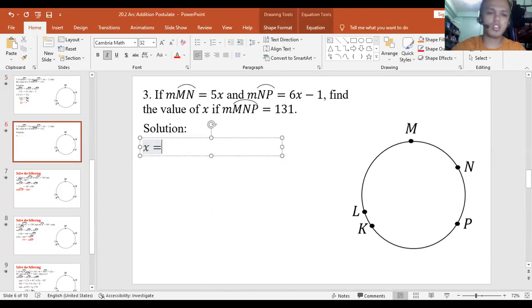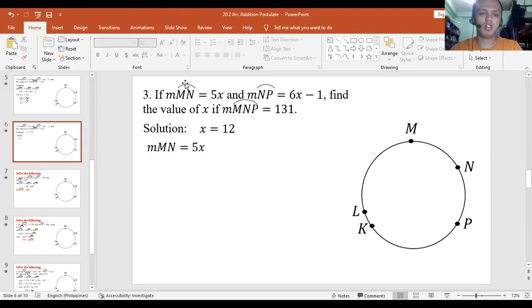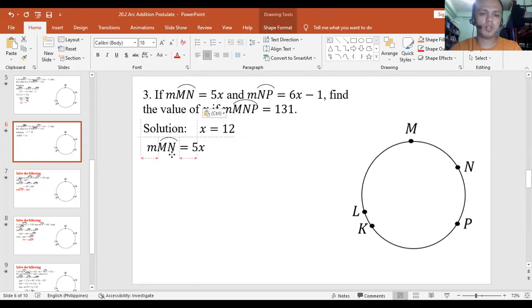Since your x here is equal to 12, what is your measure of arc MN? Your measure of arc MN is equal to 5x. This is our MN. And then, substitute your x to 12.